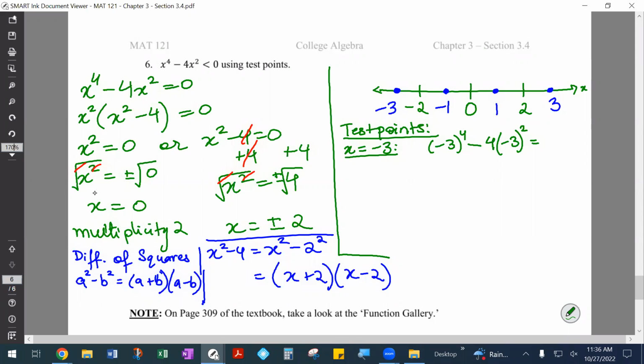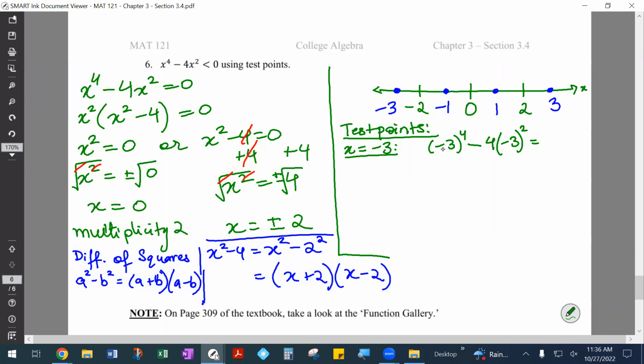So what did we get for x equals negative 3, guys? We know negative 3 to the 4th power will become a positive number. Same thing with negative 3 to the 2nd power, it will become a positive number. So the only negative sign you will have is right here in the middle. And depending on whether this number is large enough that we keep the positive sign, that's what we're looking at.